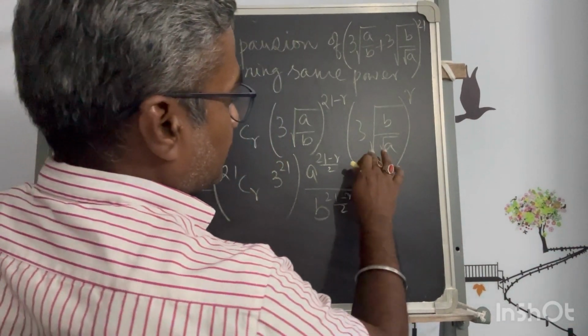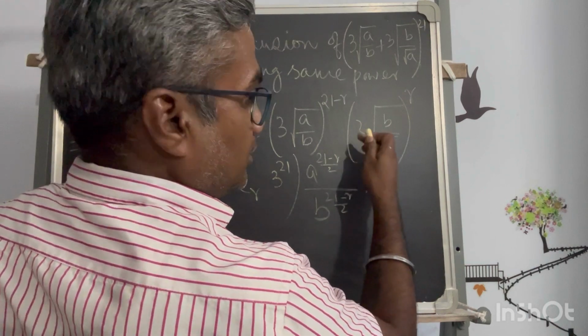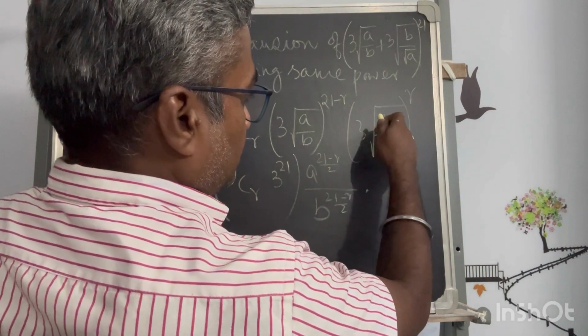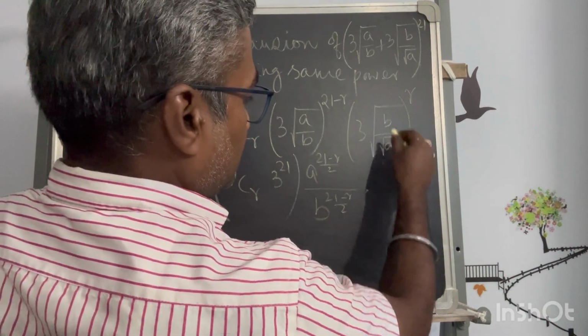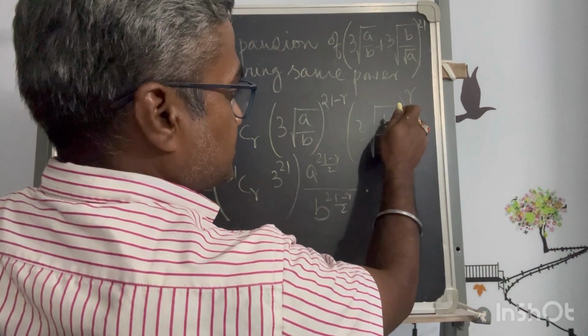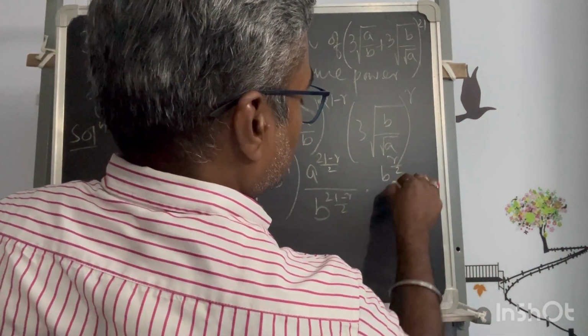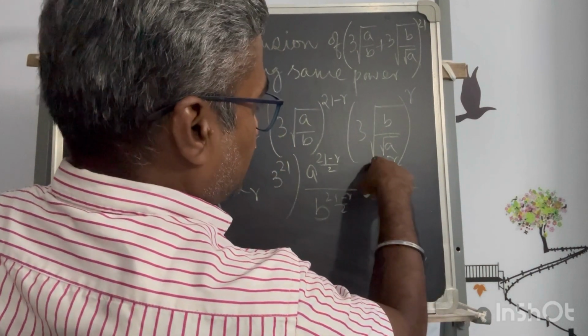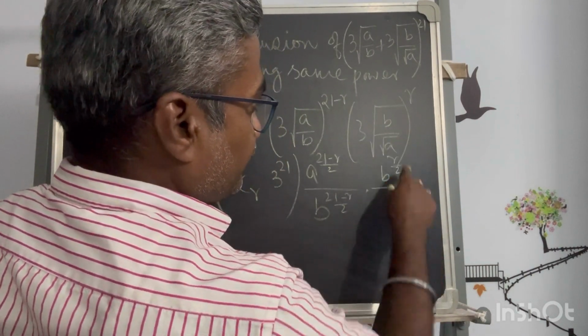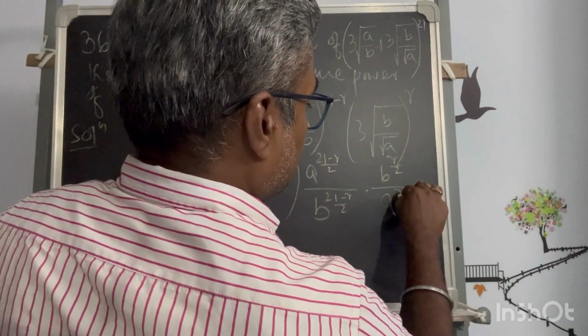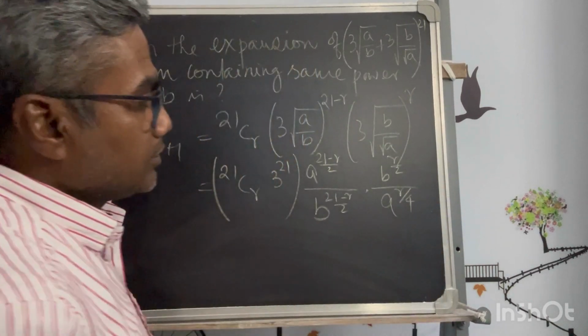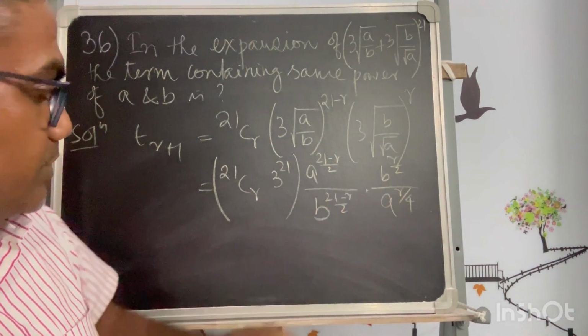Second one, if I eliminate the root, that will give B as half power. So B to the power r by 2, and this is under root of under root, so A to the power 1/4. So this will come as r by 4. So this is the simplest one.